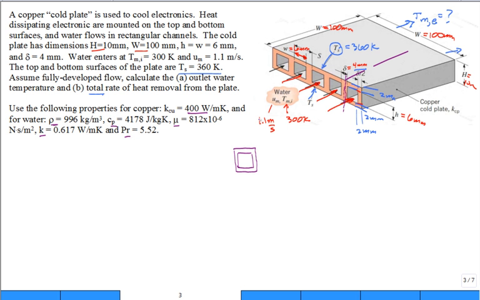And the top surface of this copper right here is at T_s, and the bottom surface is at T_s. And this runs all the way down. I'm trying to show it in the third dimension, and the flow comes in here.